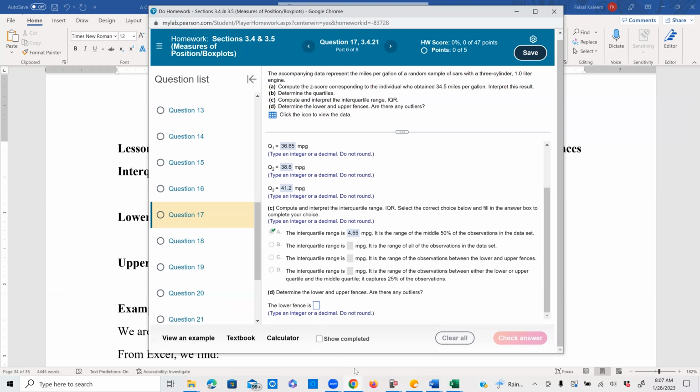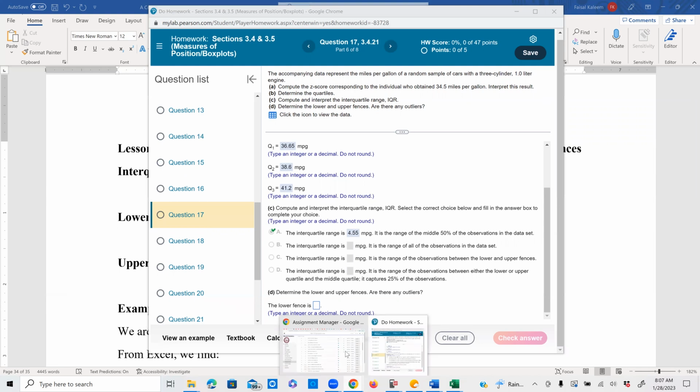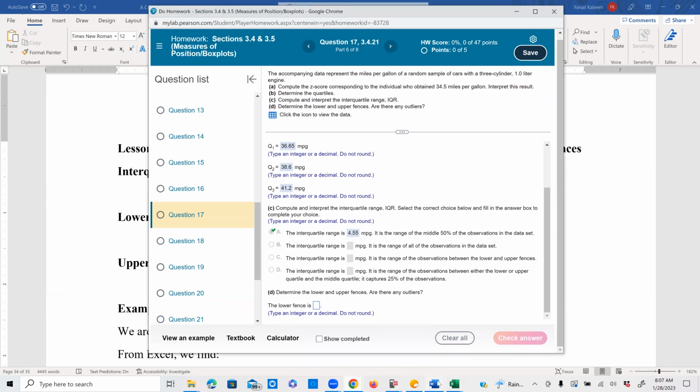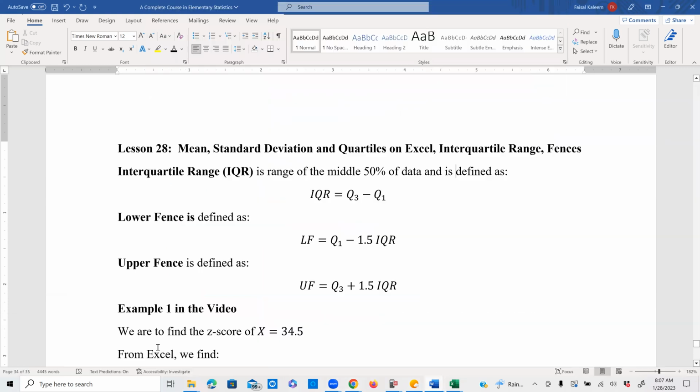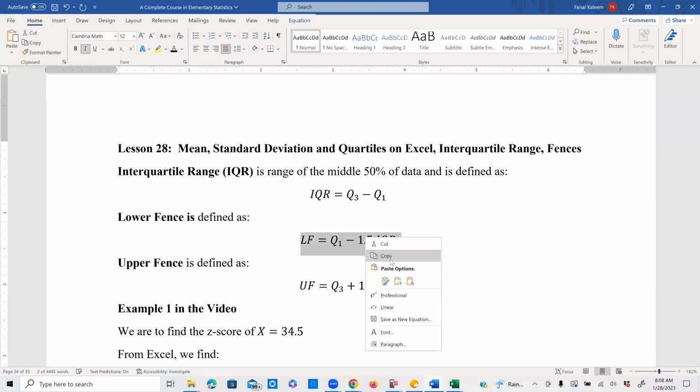So let's see. Determine the lower and upper fences. Are there any outliers? So lower fence, we said, was Q1 minus 1.5 IQR.